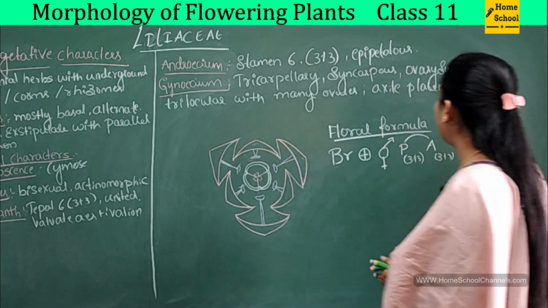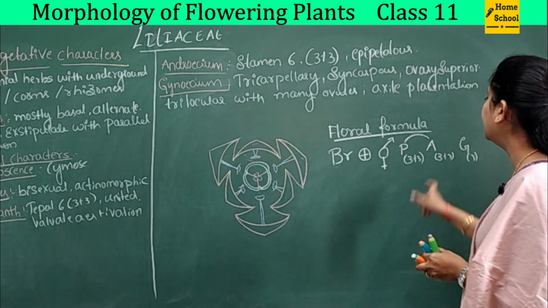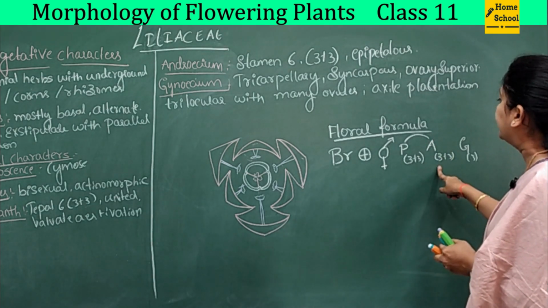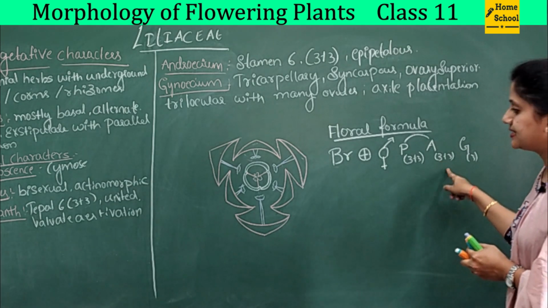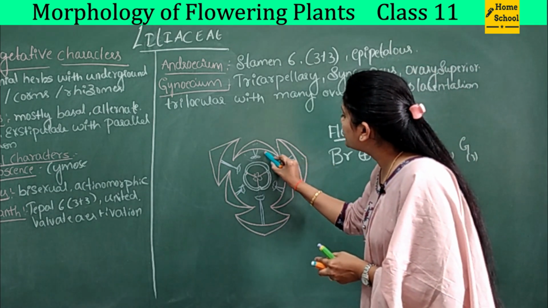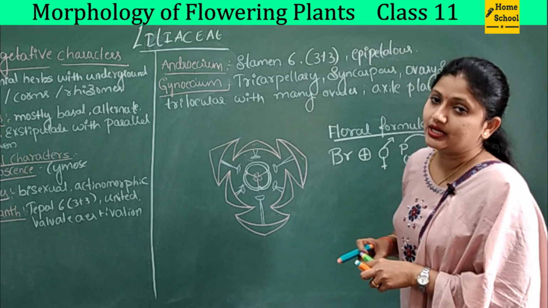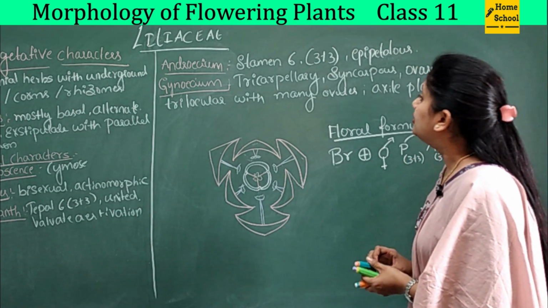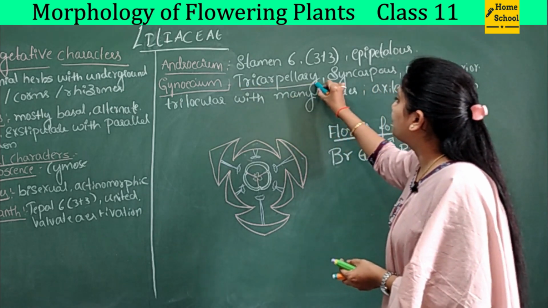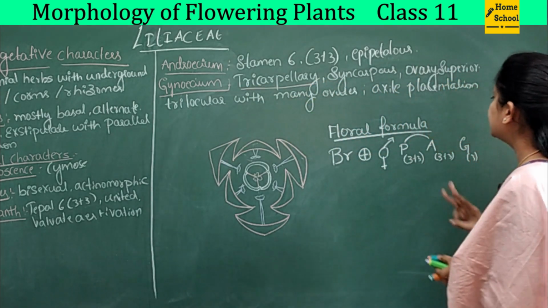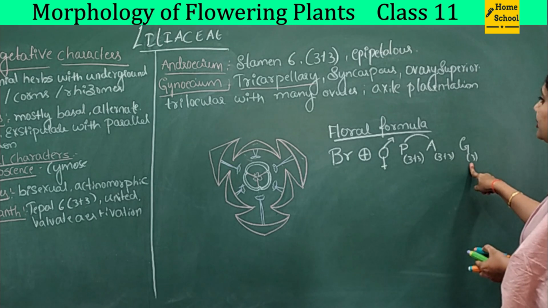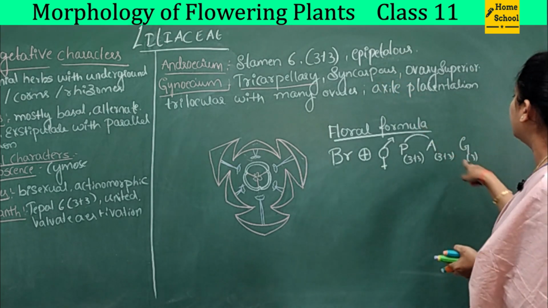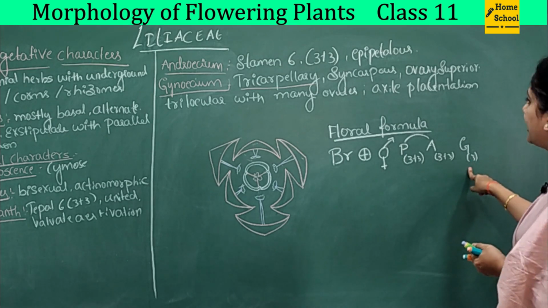Together it is called the sepal and the petal. Then the androecium here, it is also having the 6 stamens. So 3 attached to the petals and 3 attached to the sepals. And then the gynoecium. Since it is tricarpellary, since they have got 3 carpels, we have written it as the 3 and it is syncarpous, that is fused. Hence, it is written in the bracket here.